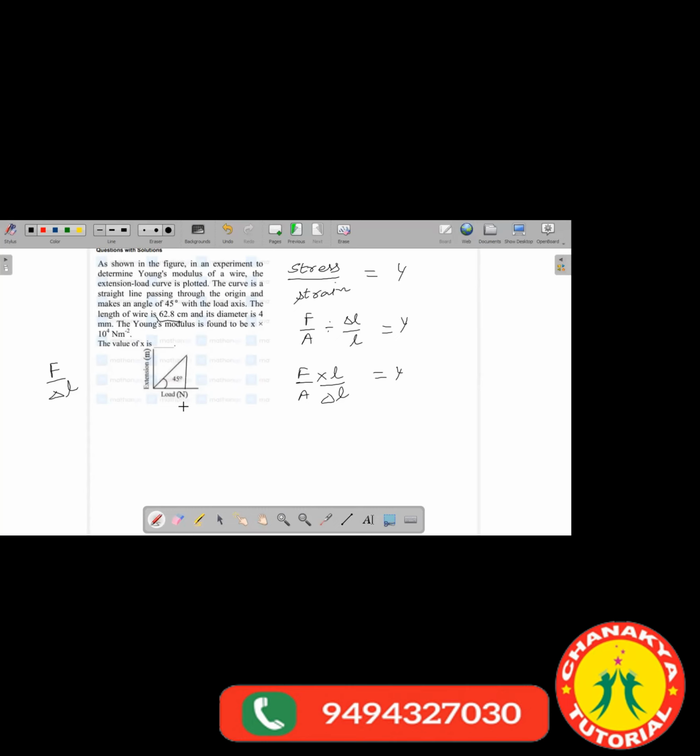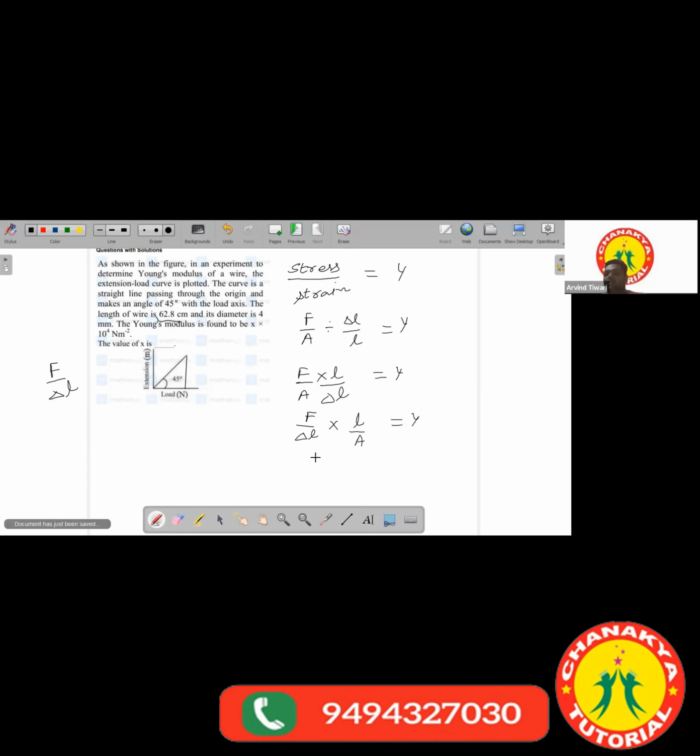Sir, will it be 1? Yeah, it will be 1. So F by delta L we know as 1, and here we just need to find L by A, which should be equal to the Young's modulus.